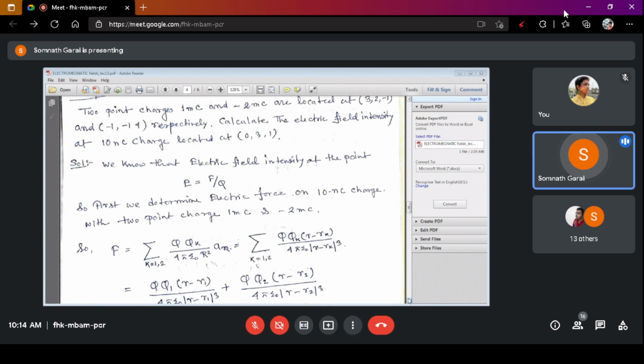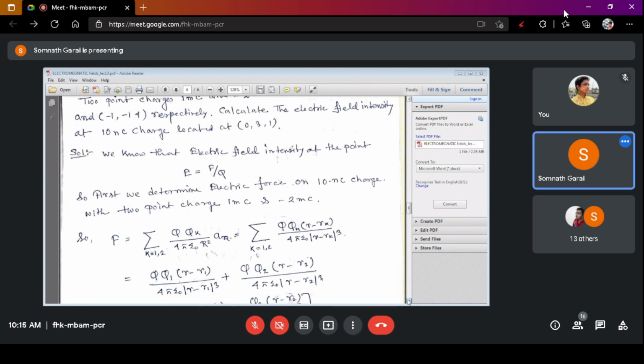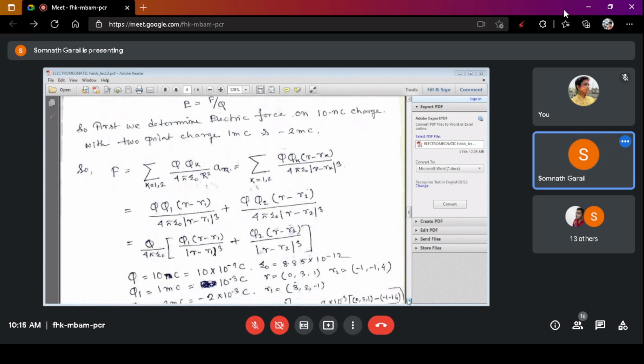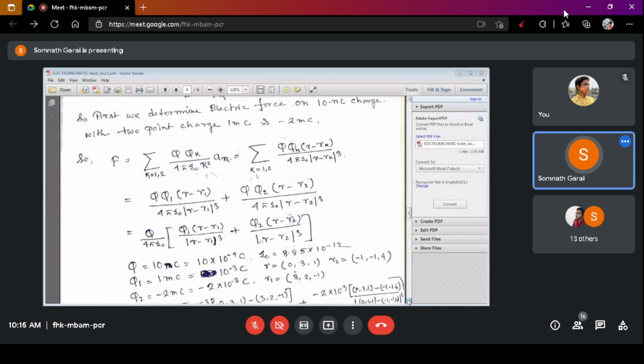Now we have to determine the electric force on a 10 nanocoulomb charge with respect to 2 point charges, 1 microcoulomb and -2 microcoulomb, so we have to apply our standard formula.